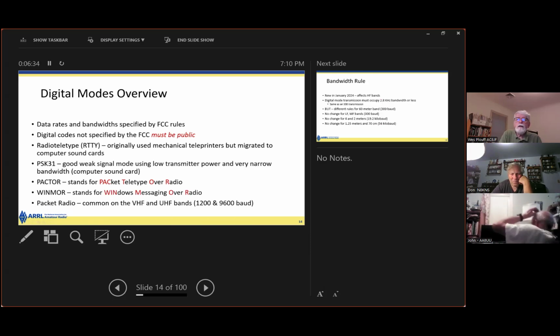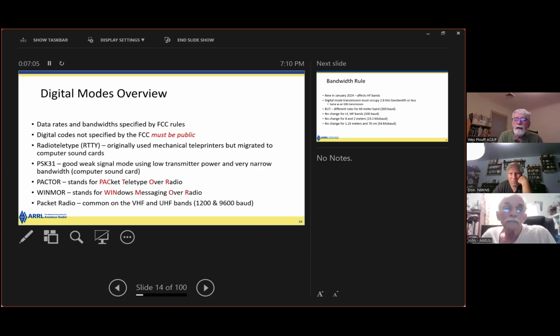WinMor is called Windows messaging over radio, and it's another signaling mode that's related to packet radio, and it is used very often for email. For instance, if you're sailing a sailboat on the ocean, chances are you keep in touch with home by using amateur radio and WinMor.